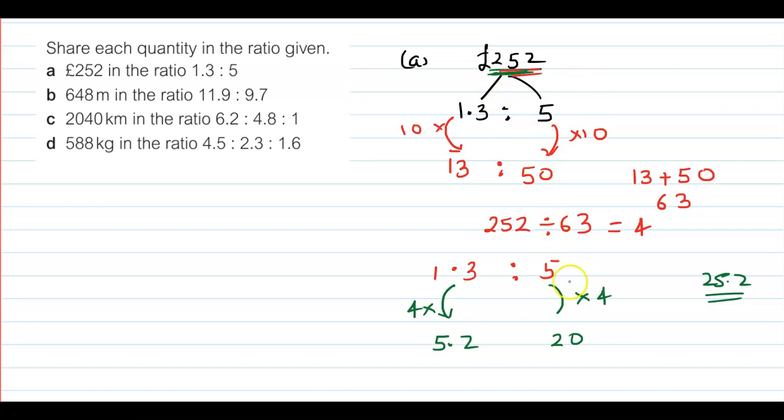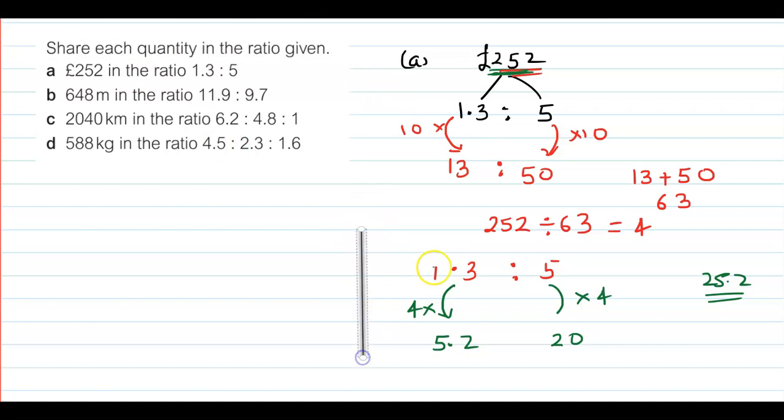Okay, but our whole was 252. So in this ratio, if you multiply, you are not getting the right answer. Or you can get the right answer if you multiply by 10 again. So what you need to do in this case, let me draw a line here.